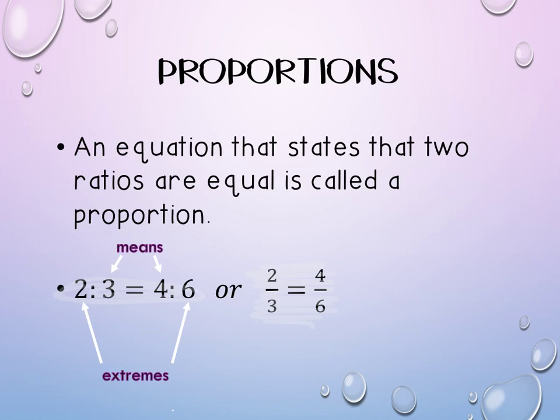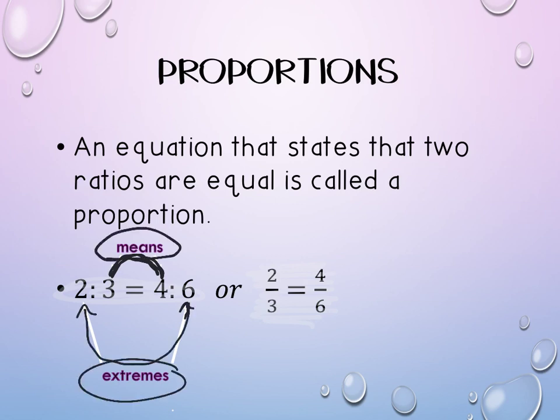The numbers on the inside, when you write it this way, are called means, and the numbers on the outside are called extremes. If you think about it, an extreme is something that's far out, and a mean is the middle, like an average. The extremes are on the outside, the means are in the middle.